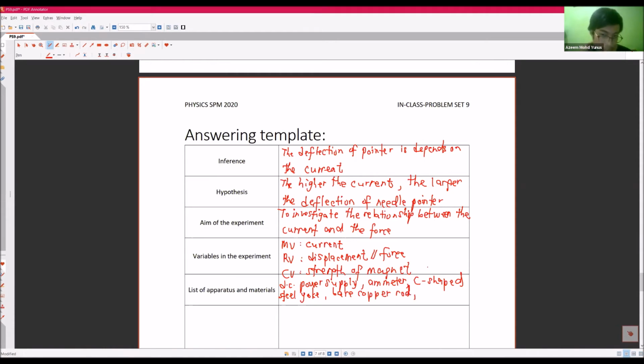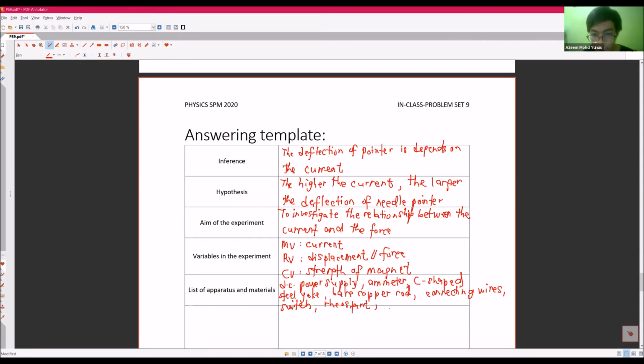Next, we have to add more: connecting wires, switch, rheostat to adjust the current. What else?